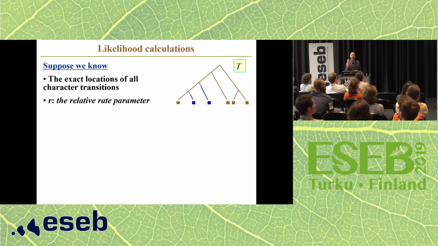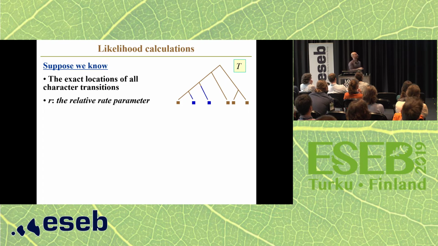But let's say that we know where the character transitions have occurred, and let's also say we know that R, the relative rate parameter, is 2. So we know where the character transitions occurred, and we know exactly what the relative rate ratio between the two character states is. Then, let's assume that we know that exactly here was the transition and here was the transition.